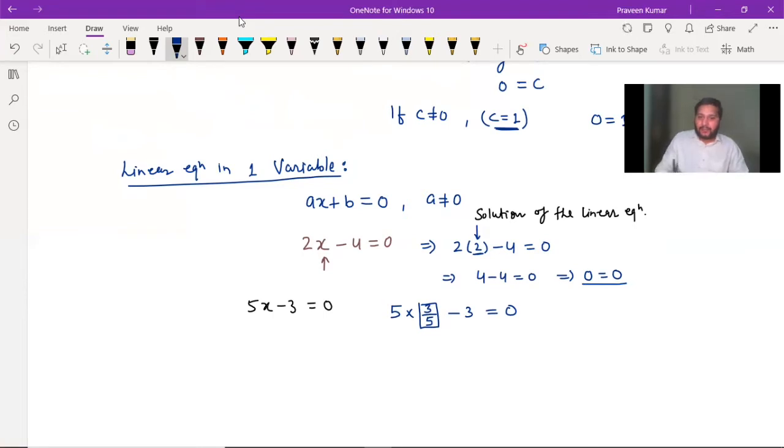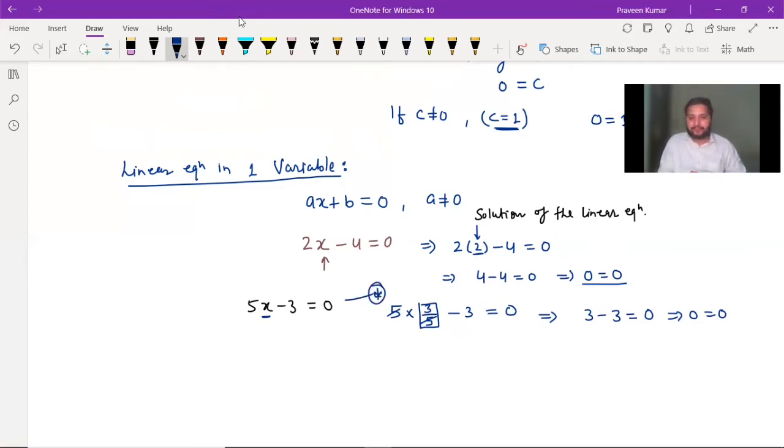At place of x, we can plug in 3 by 5 so that this equation will become, this 5 can be cancelled, 3 minus 3 will become 0. This implies 0 is equal to 0. So 3 by 5 is a solution of this equation.